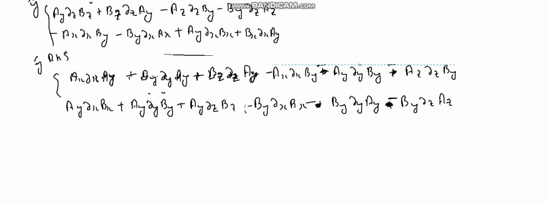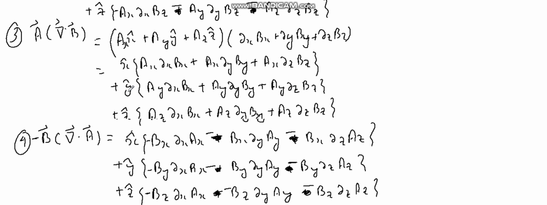And when we compare those terms, we're going to have some terms cancelled out. This is a minus sign, right? So ax del x by, ax, okay, ax del x, it should be by, I think, right? So it should be by.